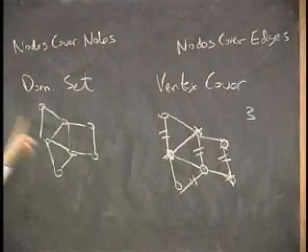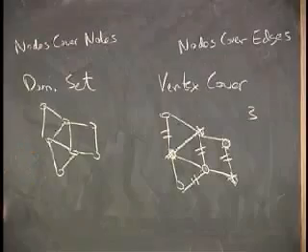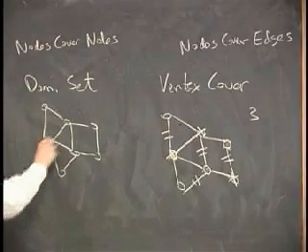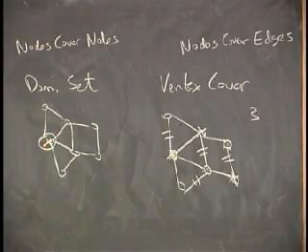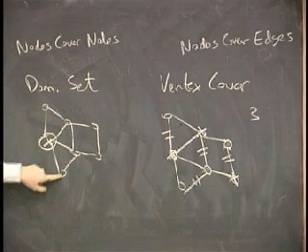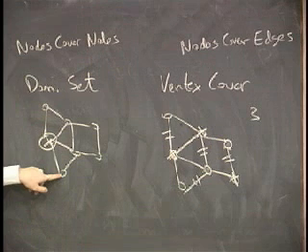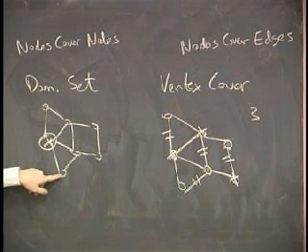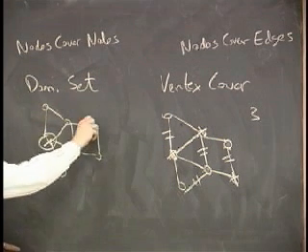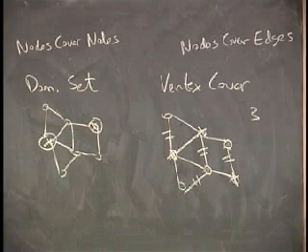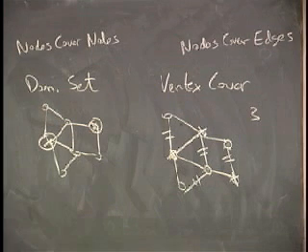What's an example? What's a dominating set of this graph? Let's choose this. This covers boom, boom, boom, boom. Right? So what's left to do? One of these two in the corner. So generally speaking, it's easier to find a dominating set than a vertex cover in the sense that you need fewer vertices to get a dominating set than you need to get a vertex cover.